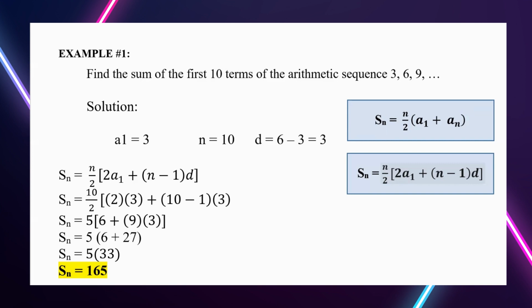Now, based sa given nating ito, wala tayong last term, hindi pinakita sa ating sequence. Based sa given natin na a sub 1, which is the first term is 3, ang n natin ay 10, at may common difference tayo na 3, gagamitin natin ang second formula na kung saan S sub n is equal to n over 2 times the product of 2 and the first term plus the quantity of n minus 1 times the common difference.